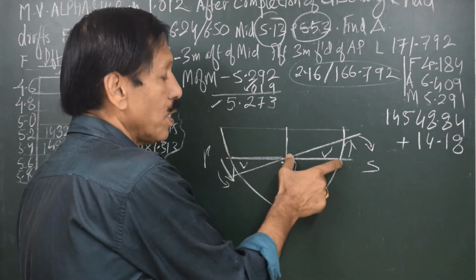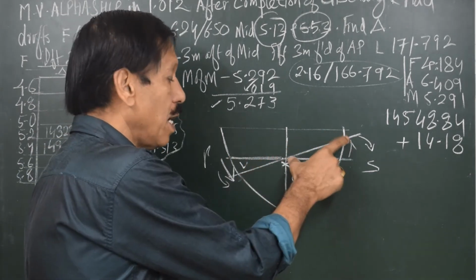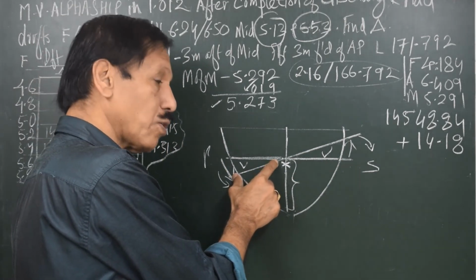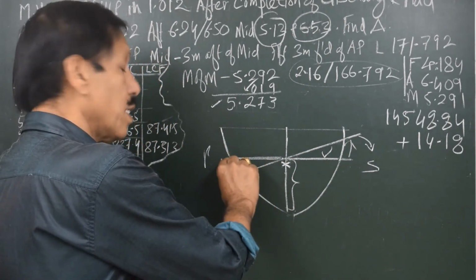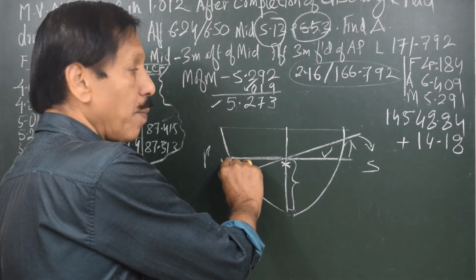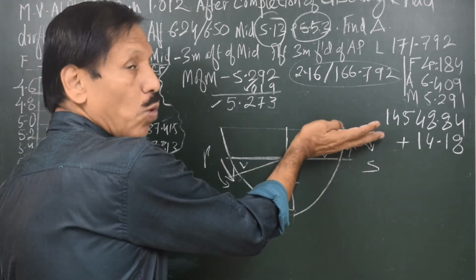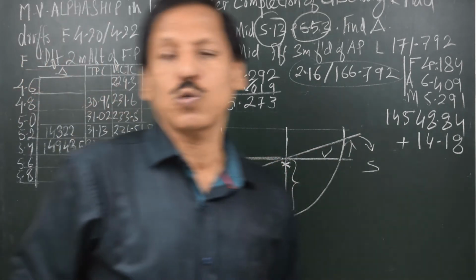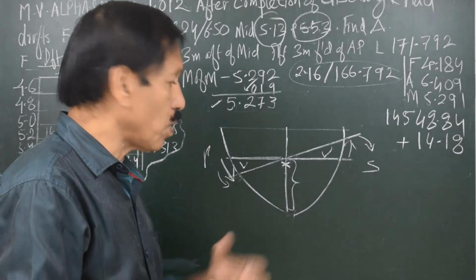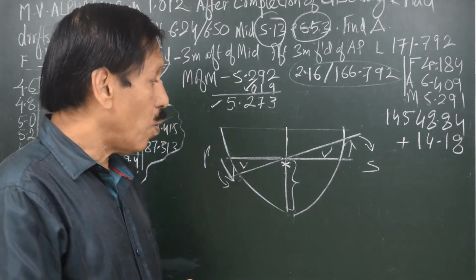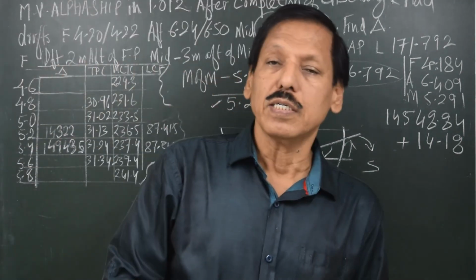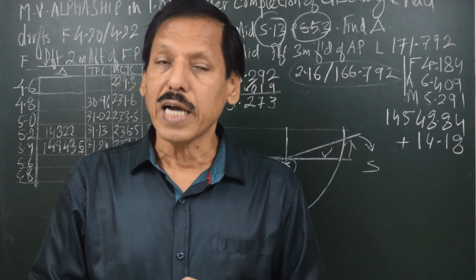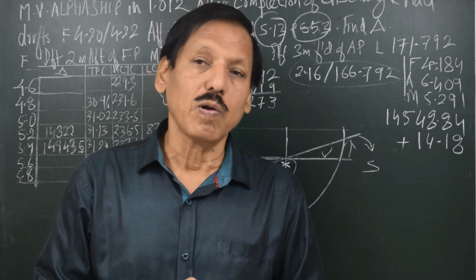This side is equal to this side, but this side is smaller than this side, and because this side is smaller, to get to the correct volume, this immersion has to be bigger than this side. That means this water level comes down and this water level also comes down. The mean of the two water levels is less than the actual water level, which means that what we have found out as the mean draft is actually not correct. It is smaller than the actual.